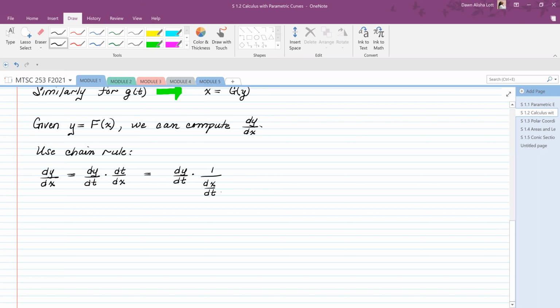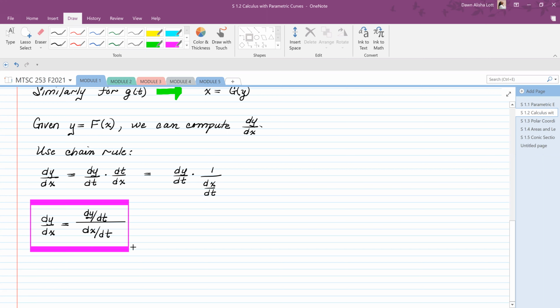And there you have it. dy dx is dy dt divided by dx dt. And that's how you find the derivative in terms of dy dx when you know that you have a parameterized curve.